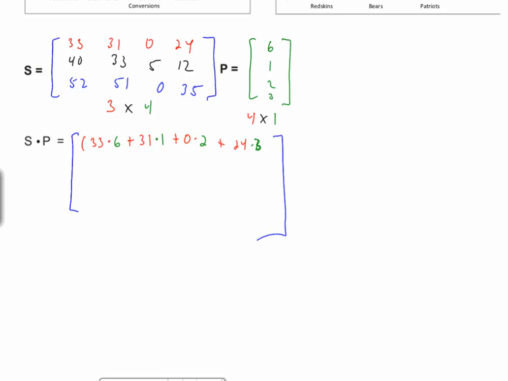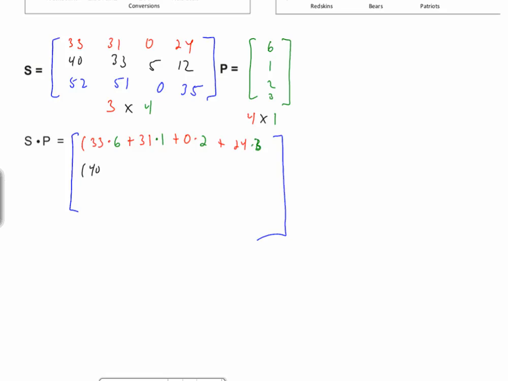So what would make sense now, because math is orderly and math always makes sense, what would you do next? What do you think would be next? Abigail? Do the exact same thing for the second row, right? First times the first, second times the second, and you're adding as you go.